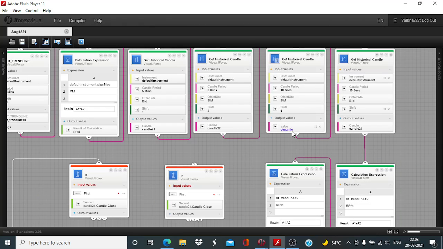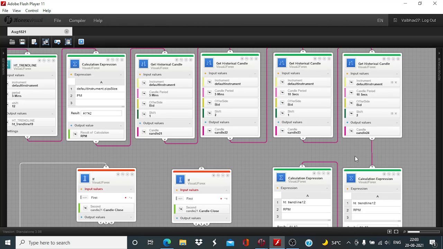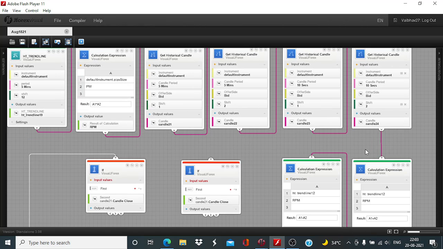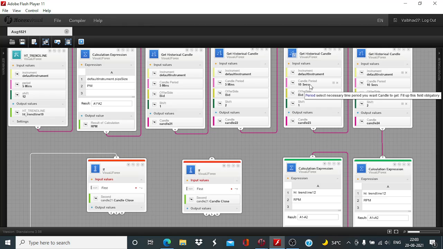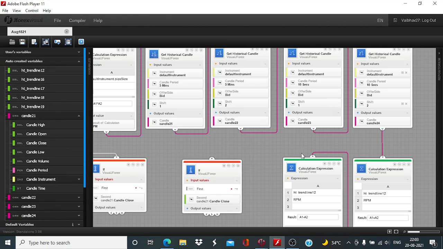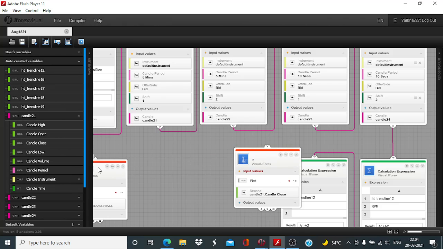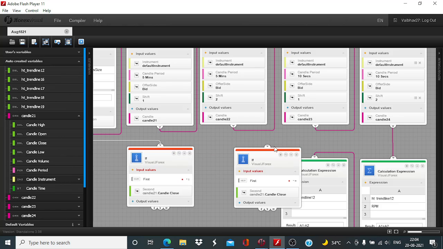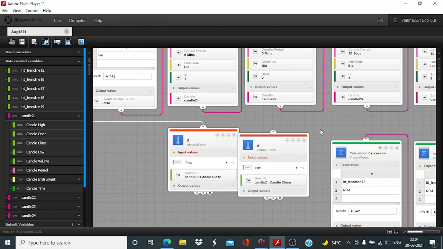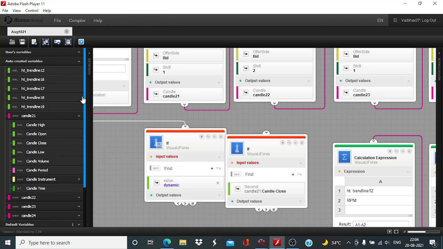Here we have candle 23rd and candle 24th, retrieving us the data for the last two 10-second candles. The last 10-second candle should have closed lower, so we need candle 23rd, candle close to be less than candle 21, candle close.